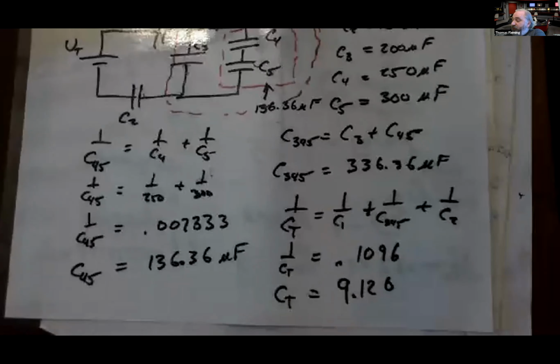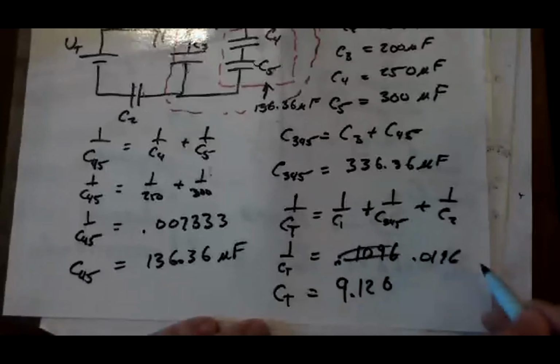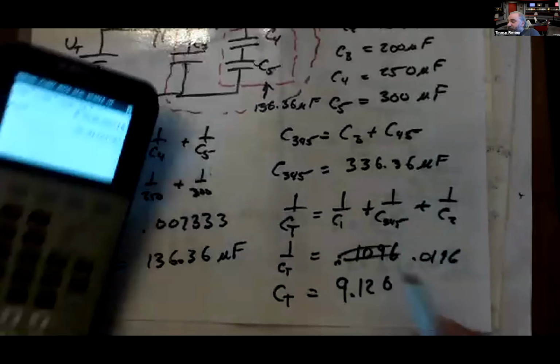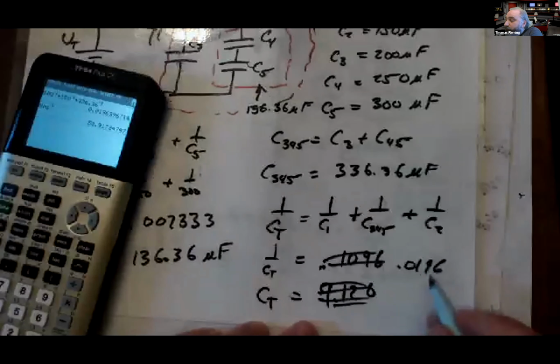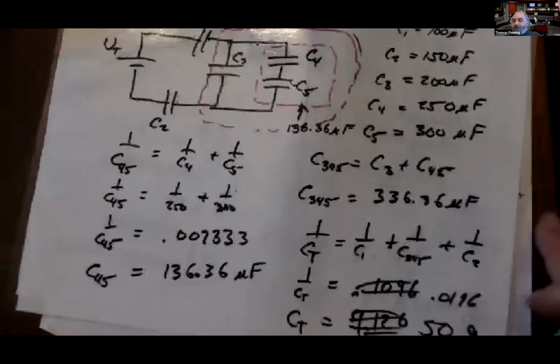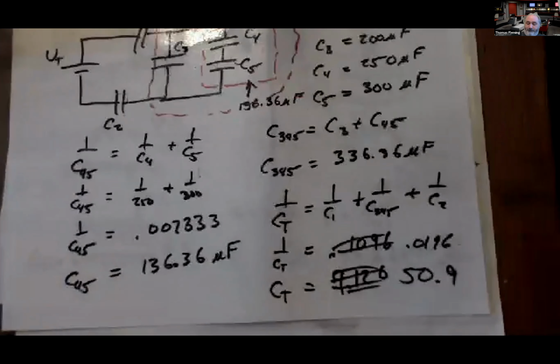This is not 0.1096, it's 0.0196. Oh, okay. Yeah, that's what I got. Which means my answer is not 9, but 50.9. It makes a difference when you write numbers down in the wrong order. Go figure.